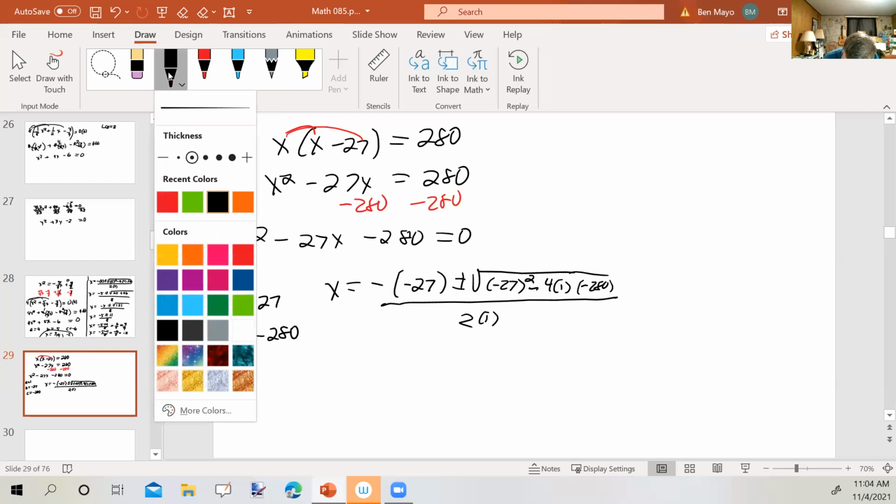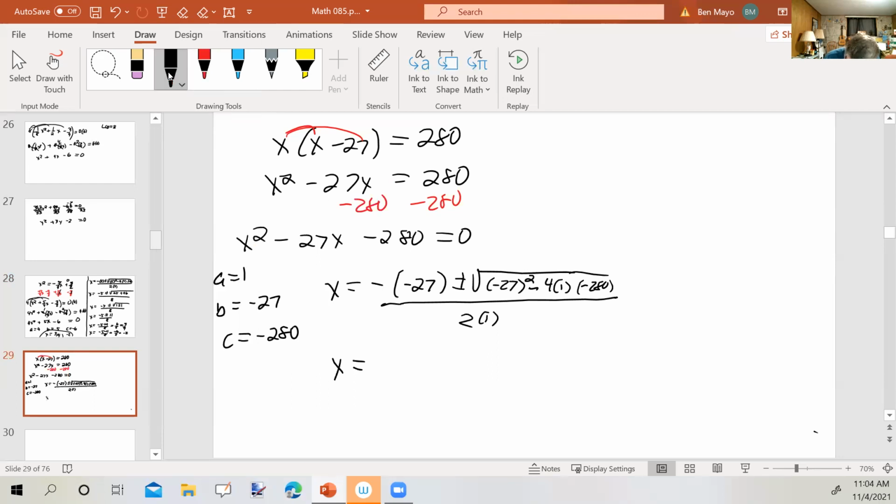Okay, so we've got x equals negative times negative is +27 plus or minus -27 times -27 would be +729. Then we've got -4 times 1, which is -4 times -280.